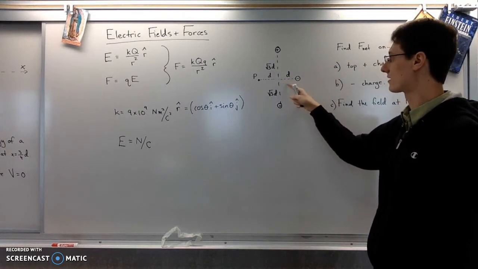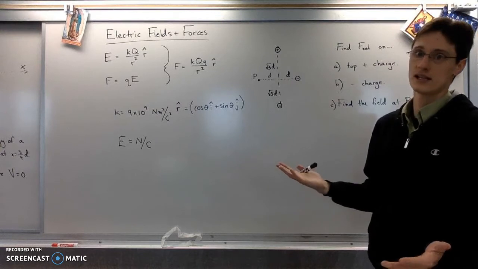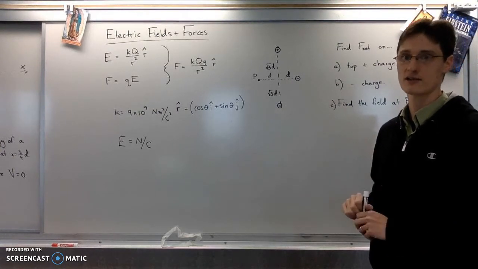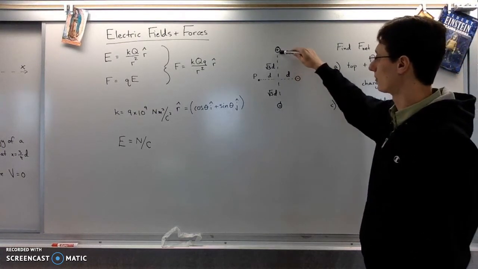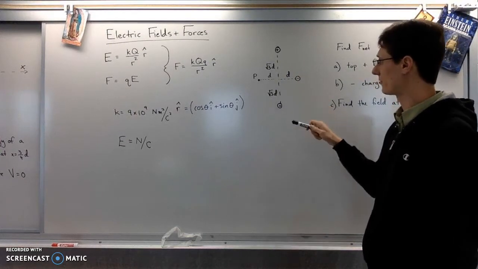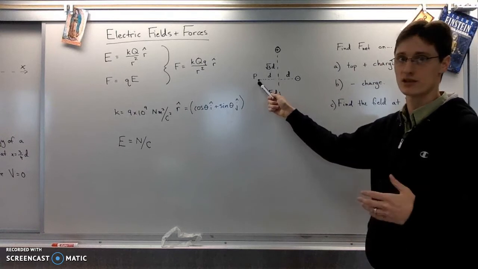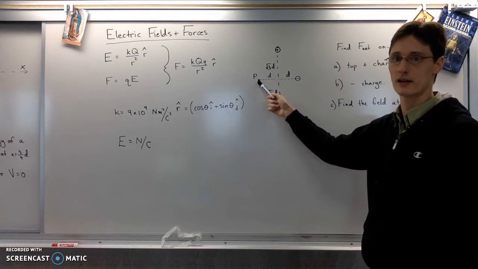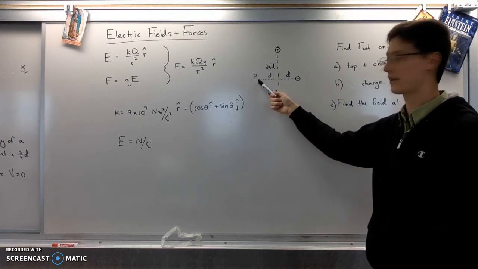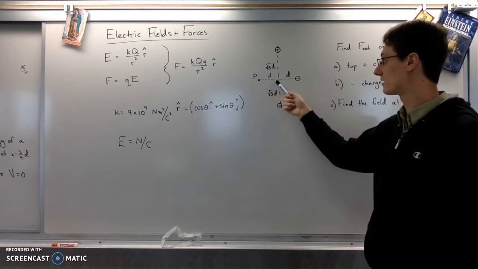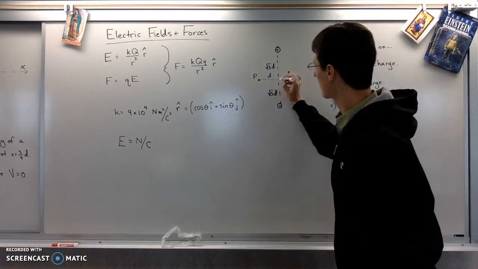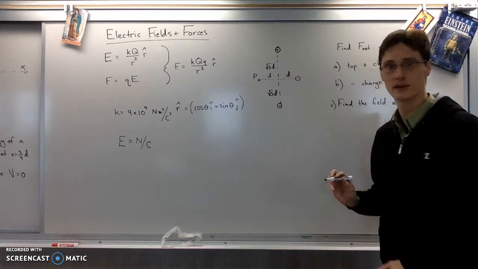Well, this distance is D. I don't know what D is exactly, but it doesn't matter. This is a symbolic problem. Okay, so root 3, also root 3. And then over here is just a point in space where I'm going to ask you to find an electric field later on in the problem, and that is a distance D away from, I guess the origin is right there in the middle.